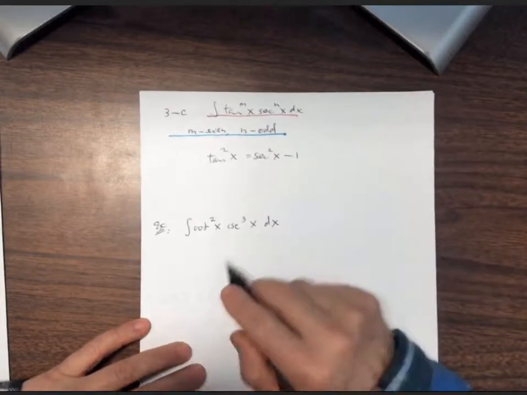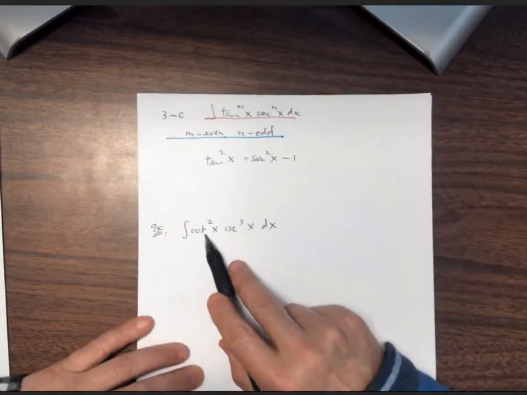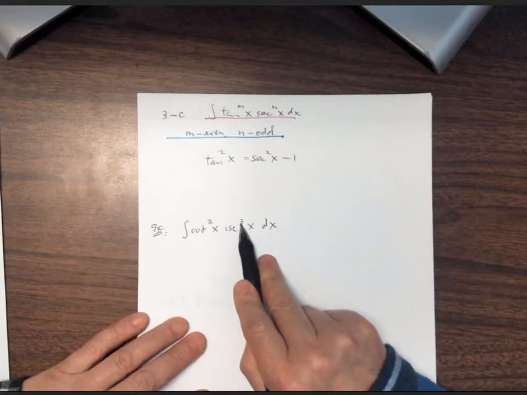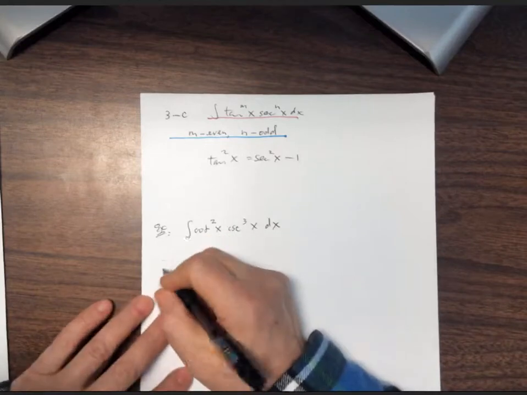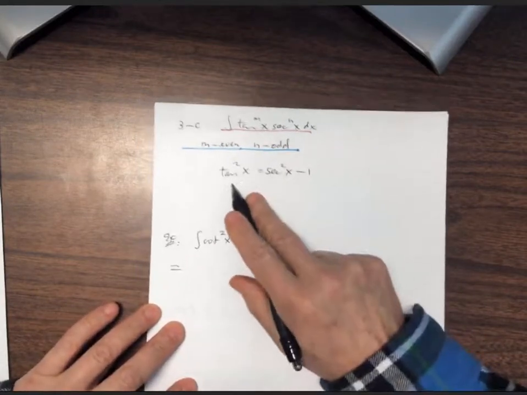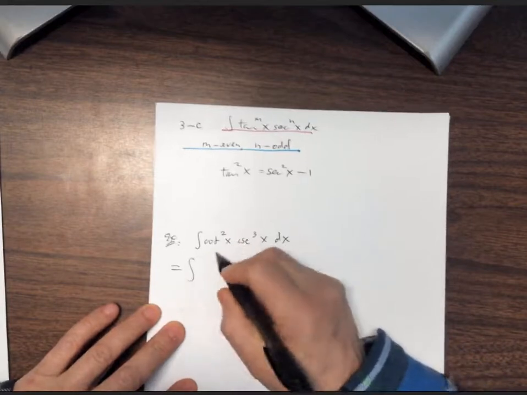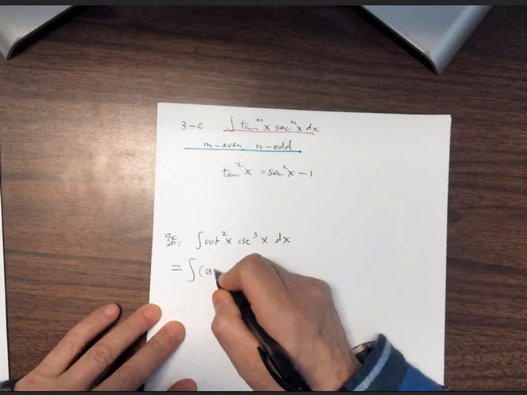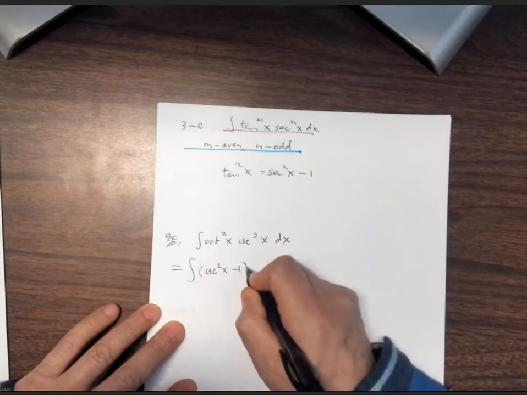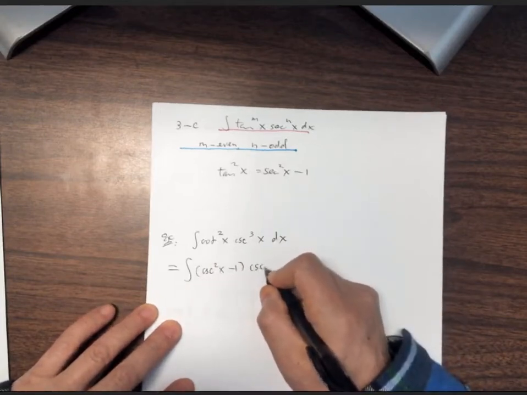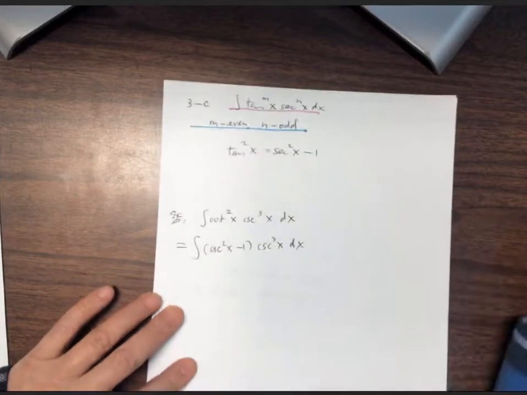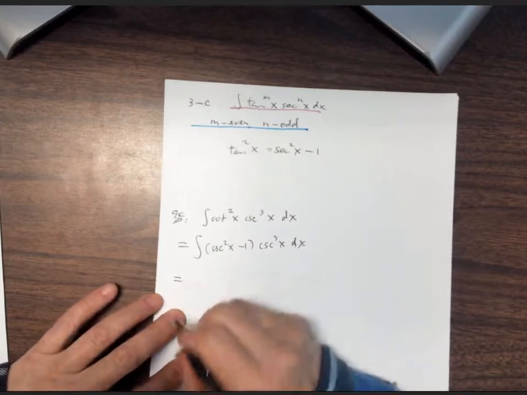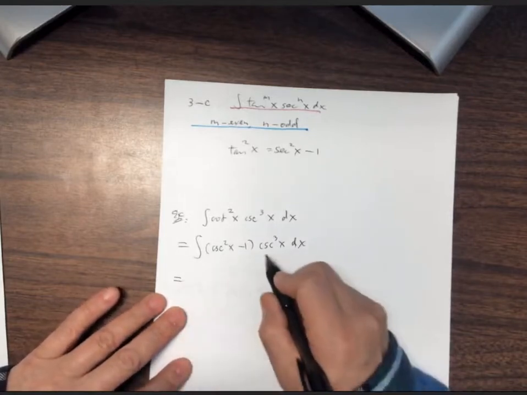Okay, so let's get right to the example. That's even, that's odd. So we're going to use a similar identity which says cotangent squared equals cosecant squared minus 1. Alright, and then multiply through.